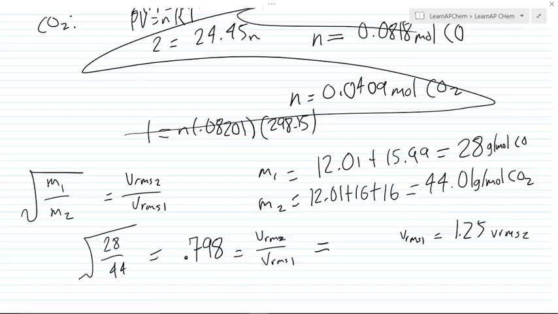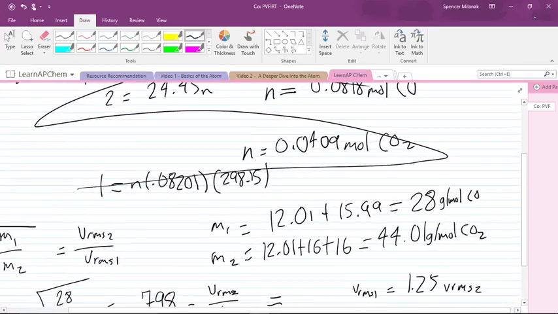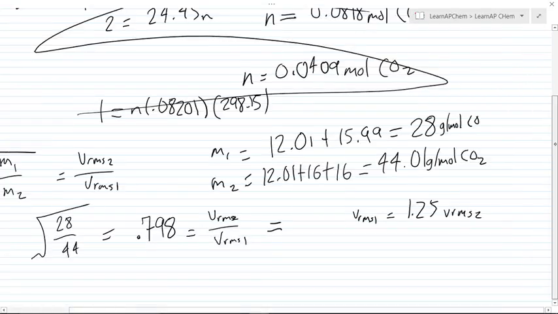So it turns out that carbon monoxide has the faster VRMS speed. So let's think about why that's the case. It all has to do with molar mass.